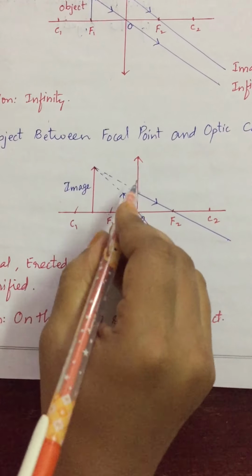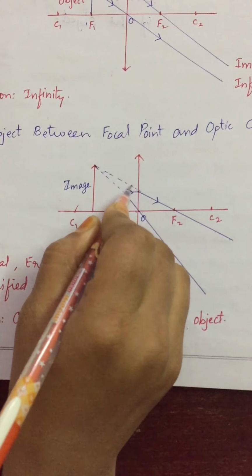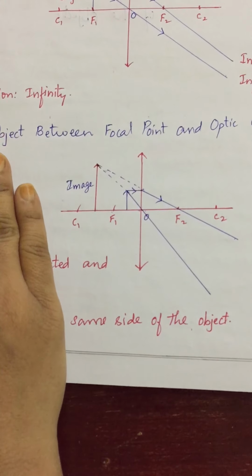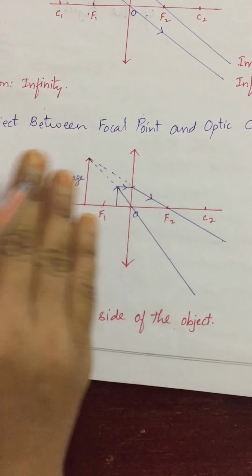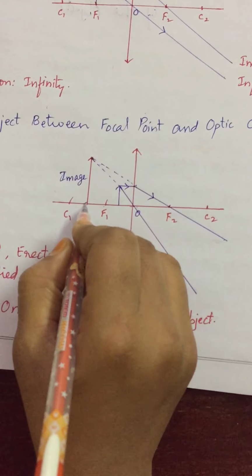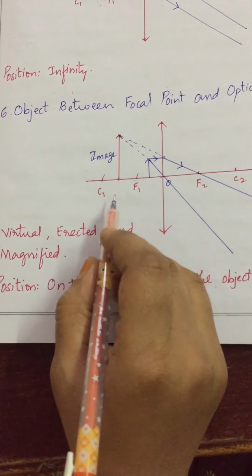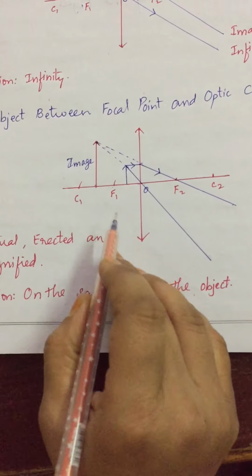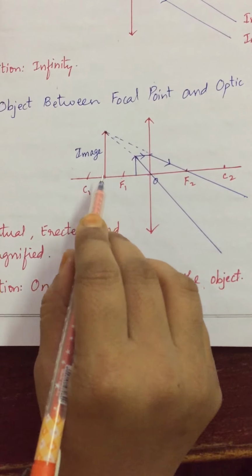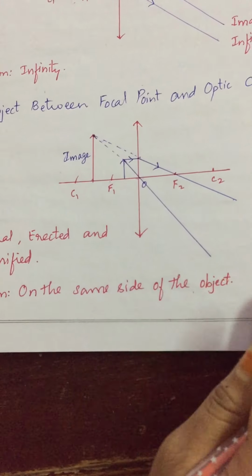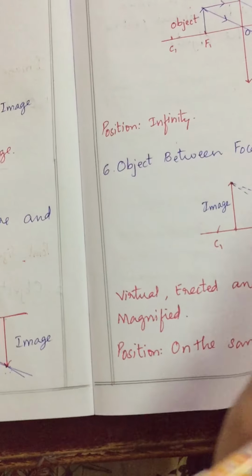See, the two refracted rays, when extended backward, intersect on the same side of the lens. There we get the image, and it is a magnified and erect image. Erect means as it is, we will not get an inverted image. That's why it is called a virtual image, and the size is enlarged, magnified. Are you getting my point, children?